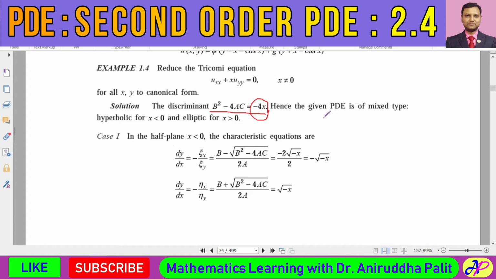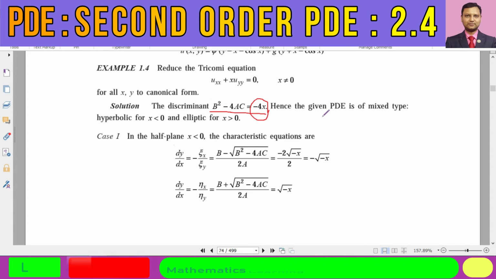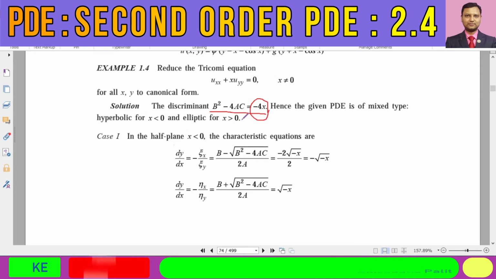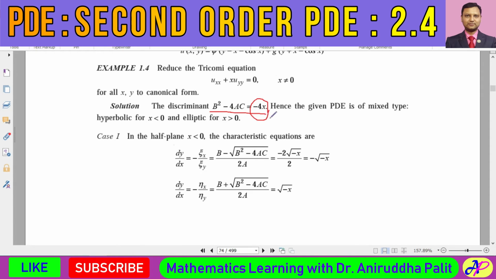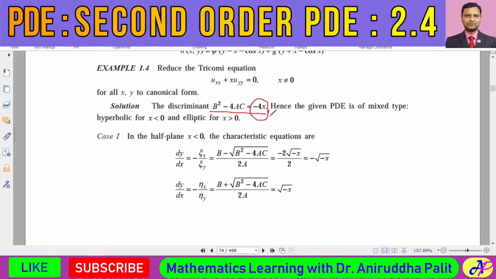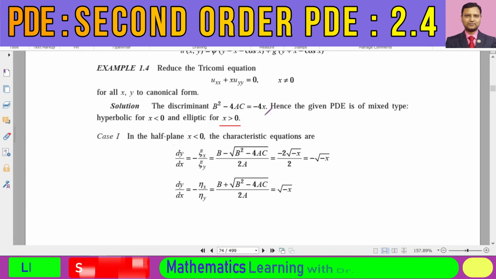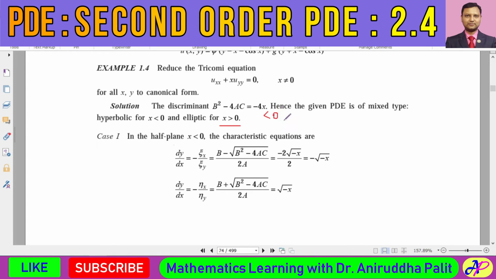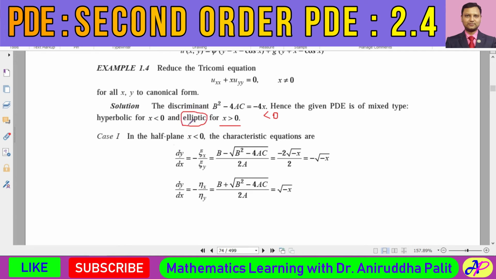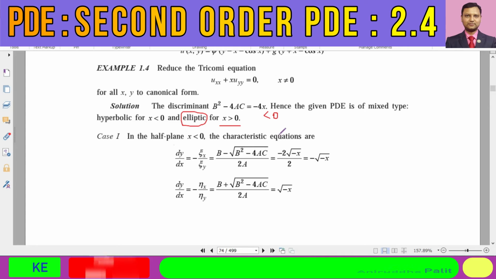So it may be positive, may be negative, depending upon the sign of x. If it is negative, it becomes an elliptic differential equation, and if it is positive, then it becomes a hyperbolic differential equation. So you see, if x is greater than 0, then this minus 4x is less than 0, so in that case this given differential equation becomes an elliptic differential equation.